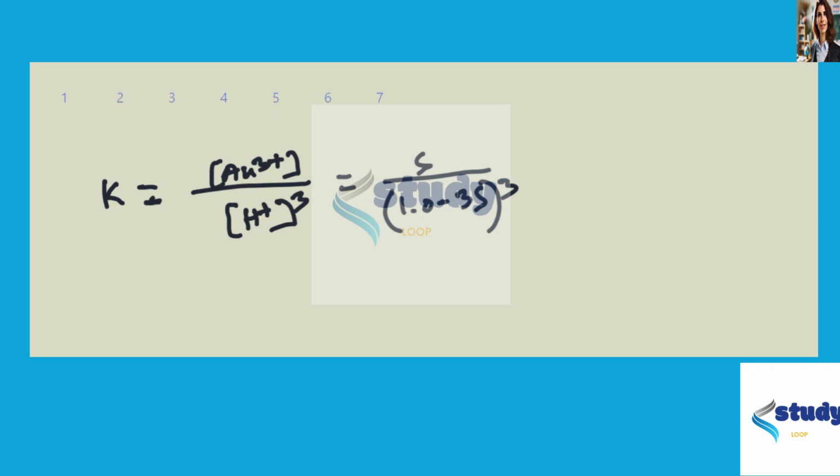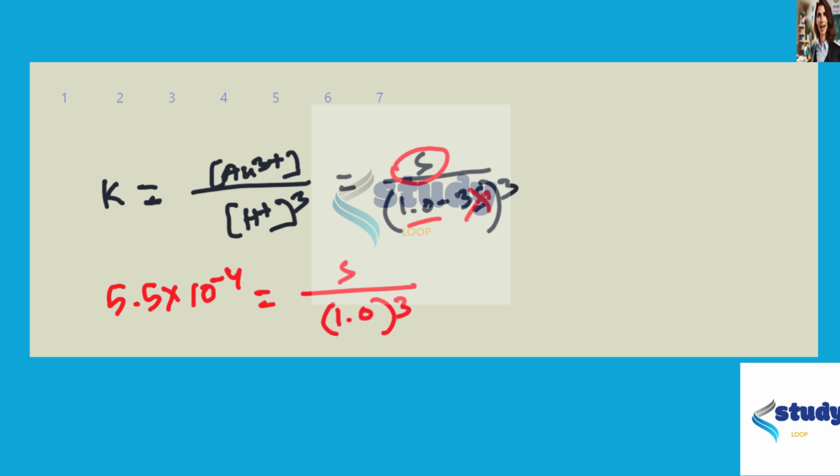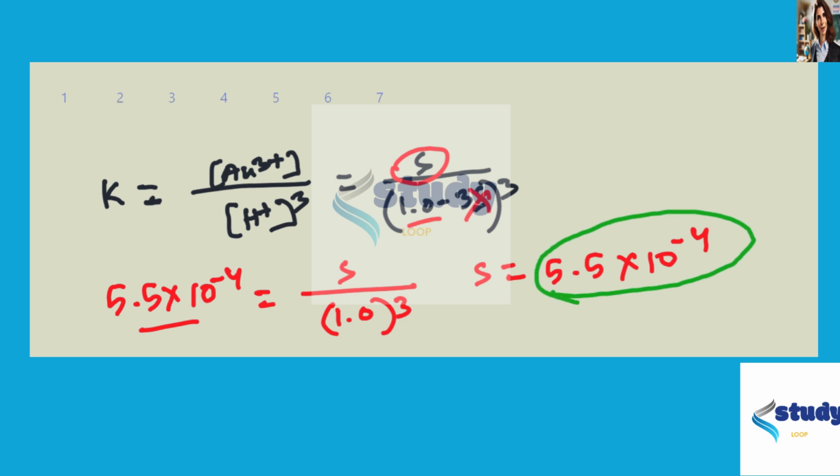Now if we consider the solubility of AuOH3 very small compared to the concentration of the acid, then we can ignore this S in the denominator. Solving for S, with K as we already calculated, 5.5 times 10 to the power minus 4 equals S over 1 cube. That means S is equal to 5.5 times 10 to the power minus 4. So this is the solubility of AuOH3 in 1 molar nitric acid.